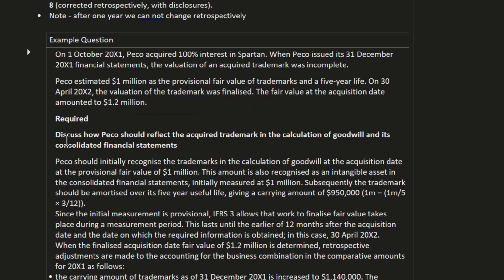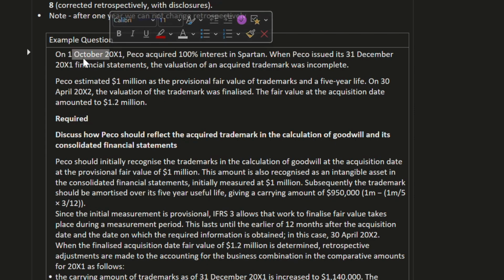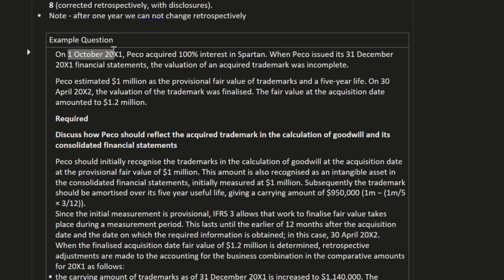Now, the requirement: we have to discuss how PECO should reflect the acquired trademark in the consolidation of goodwill and its consolidated financial statement. Whenever we acquire any intangible asset with a finite life, we amortize it. First, we need to keep in mind the amortization period of 5 years.